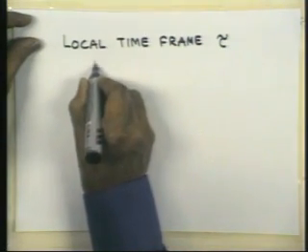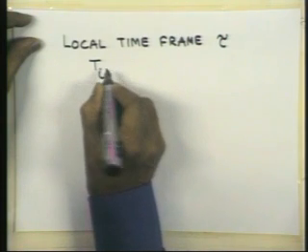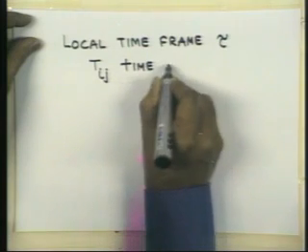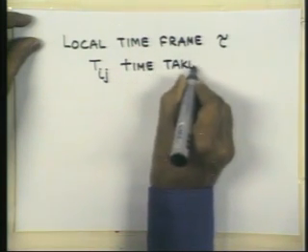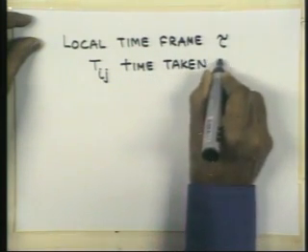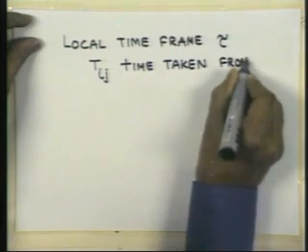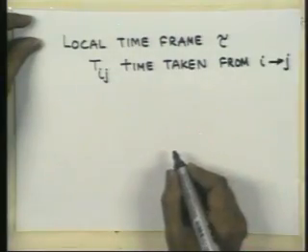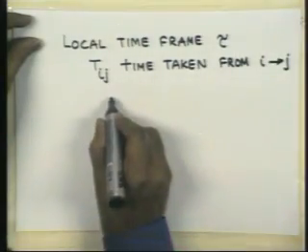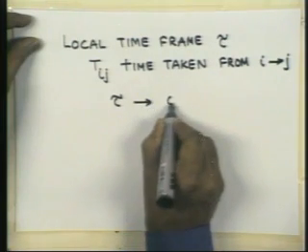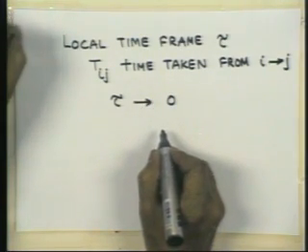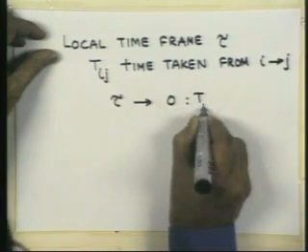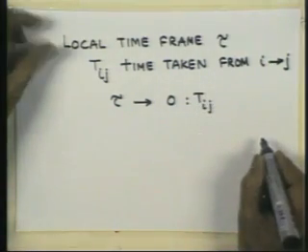If Tij be the time taken from i to j, then my local time frame tau varies from 0 at the beginning of the motion, that is at position i, to Tij, between any 2 points.